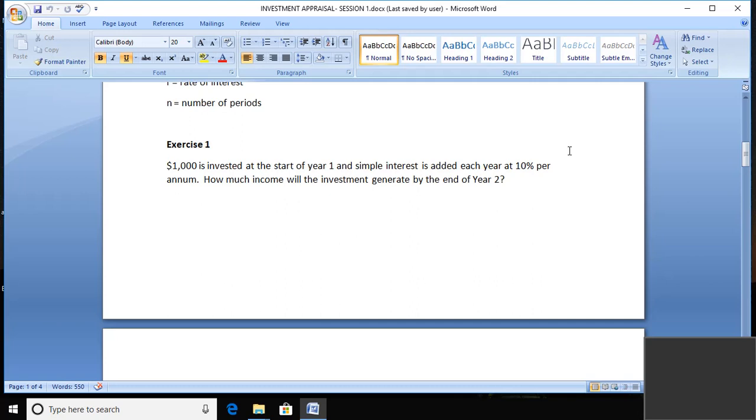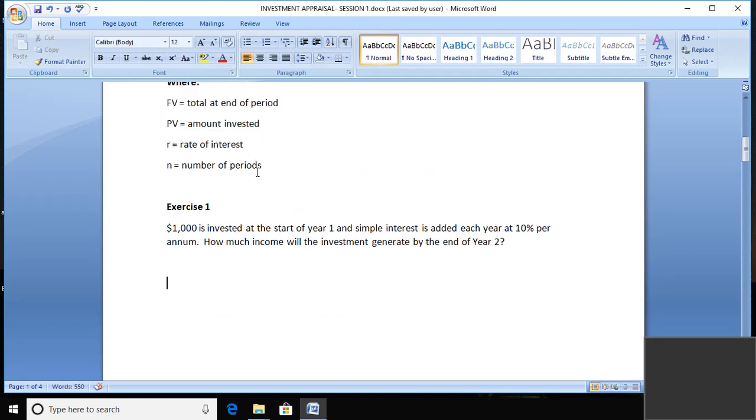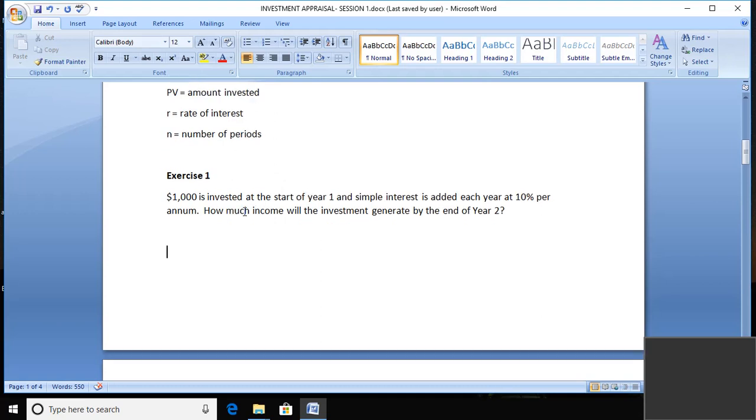of 2 years? So the first thing you need to do in a question like this is to identify the variables that are given. So let's look at the variables that we are given. Firstly, according to the formula, we are given the PV, the amount of investment.